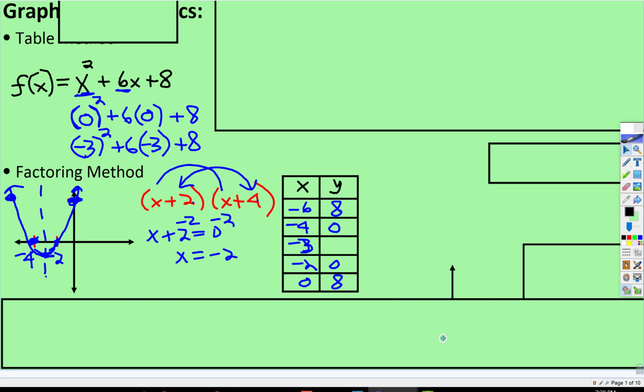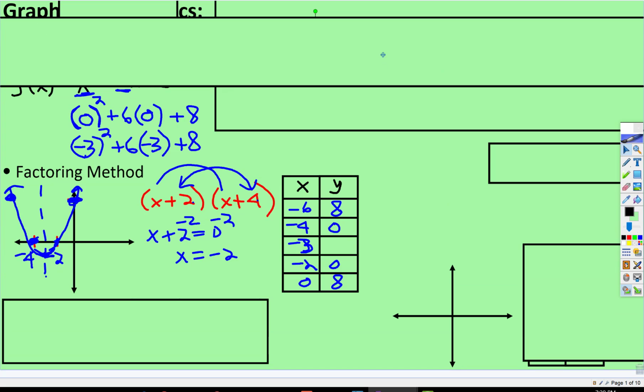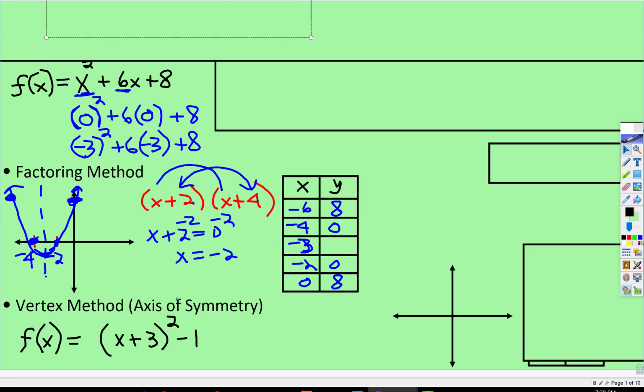All right, and finally, one of the last methods that we're going to look at is the vertex method. That's when it already tells us, this is called vertex form for a reason, because if we zero out inside here, so the opposite of 3 is -3, so where x is equal to -3, and since this is on the outside, we don't have to worry about taking the opposite, where y is equal to -1, so at -3, -1.